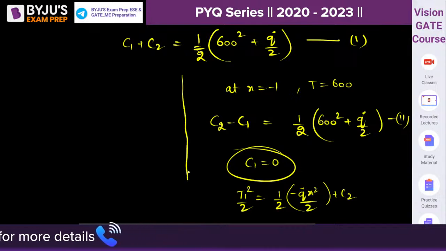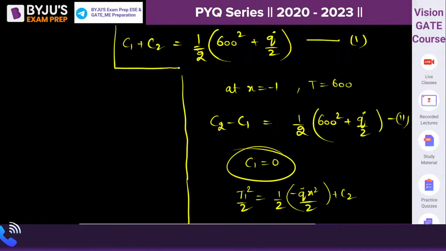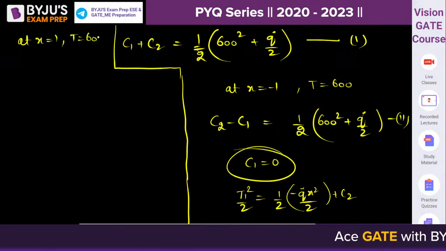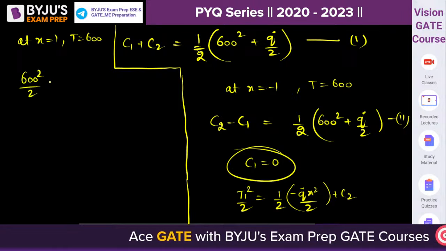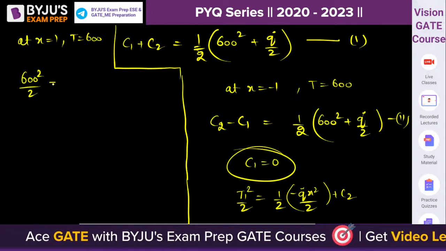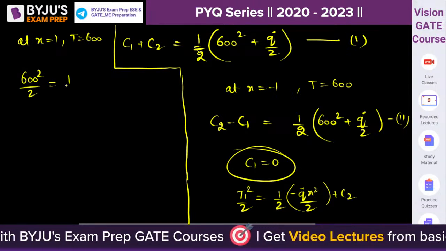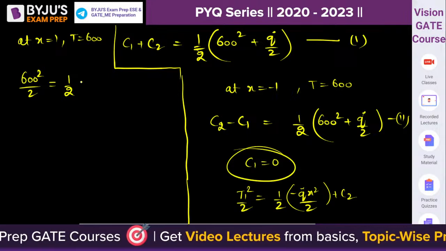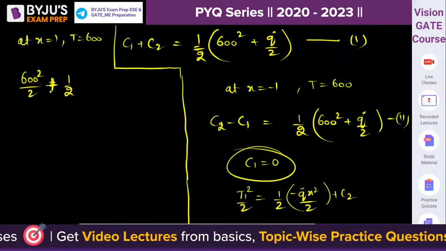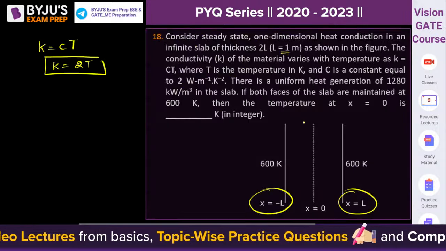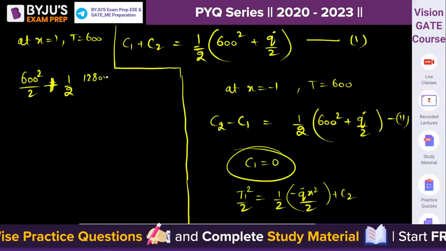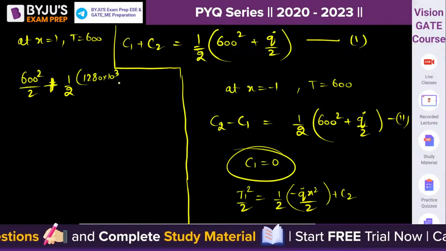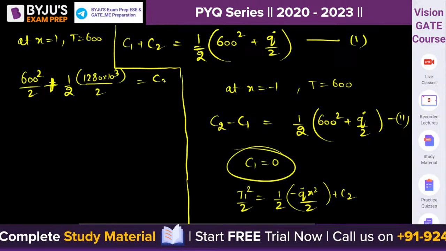So at x equal to 1, T is equal to 600 Kelvin. So here we'll be getting 600 square by 2 is equal to plus 1 by 2, Q dot value is 1280 into 10 to the power 3, divided by 2, plus C2, right?